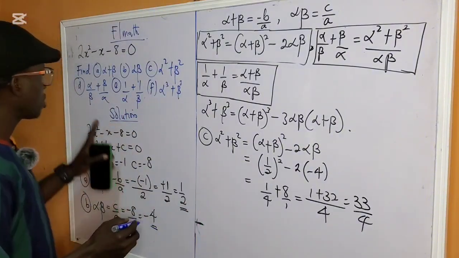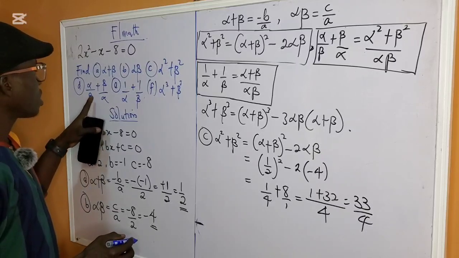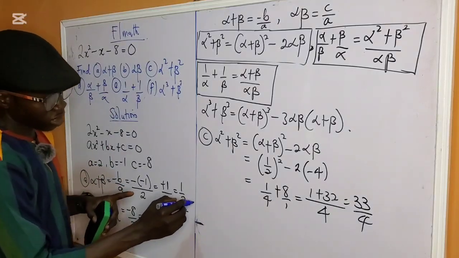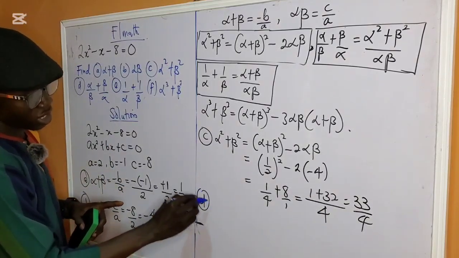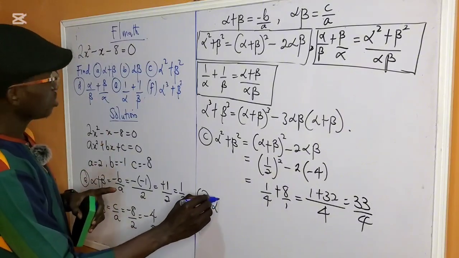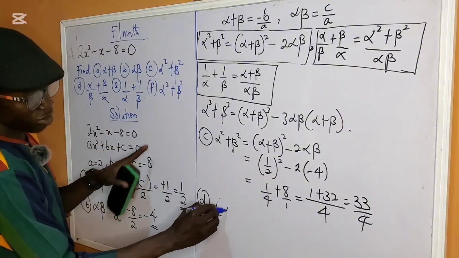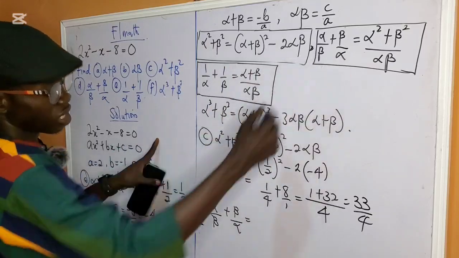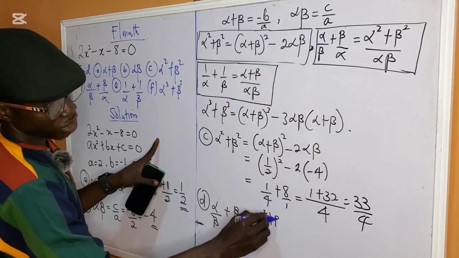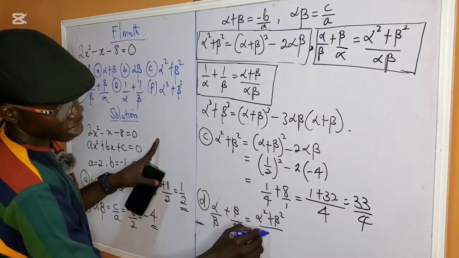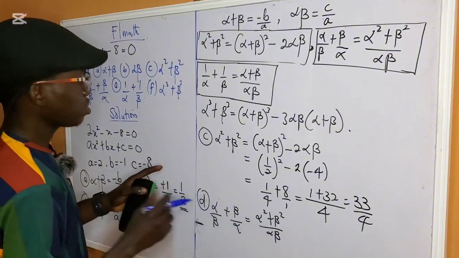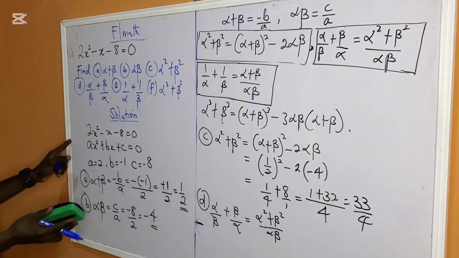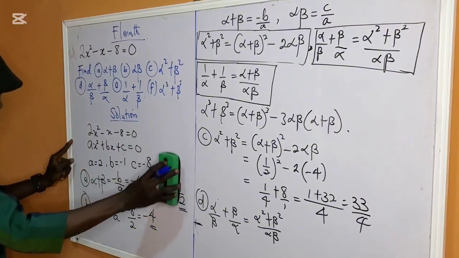Now the next one is alpha over beta plus beta over alpha. So D is alpha over beta plus beta over alpha, which is alpha squared plus beta squared over alpha beta.